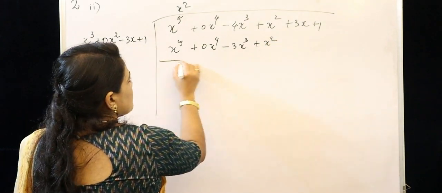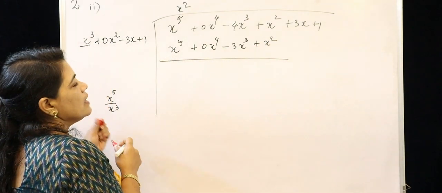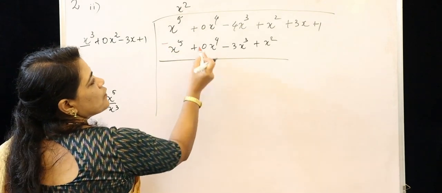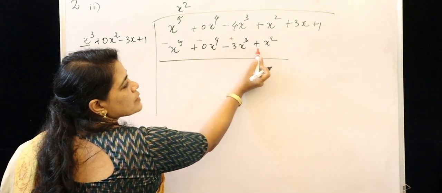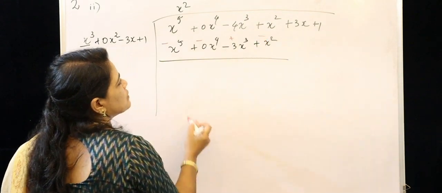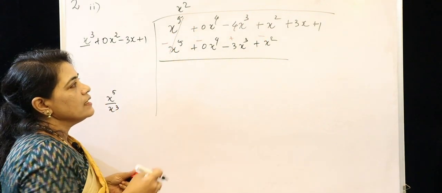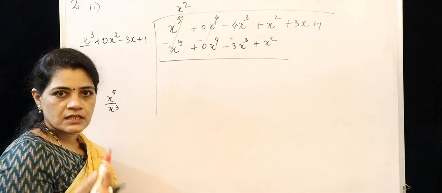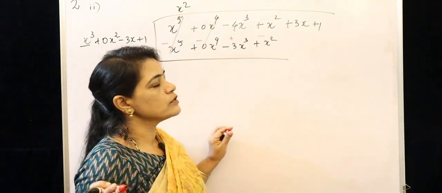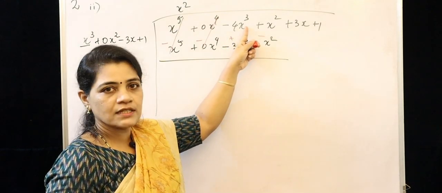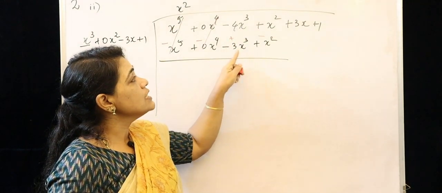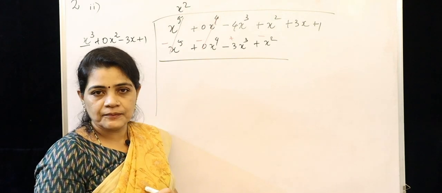So in the next step we can change the sign. Okay, so negative x⁵, positive, negative becomes positive, this positive becomes negative. So this term gets cancelled. This is already zero coefficient, so that term also gets cancelled. So children, here we have negative 4x³ and positive 3x³.